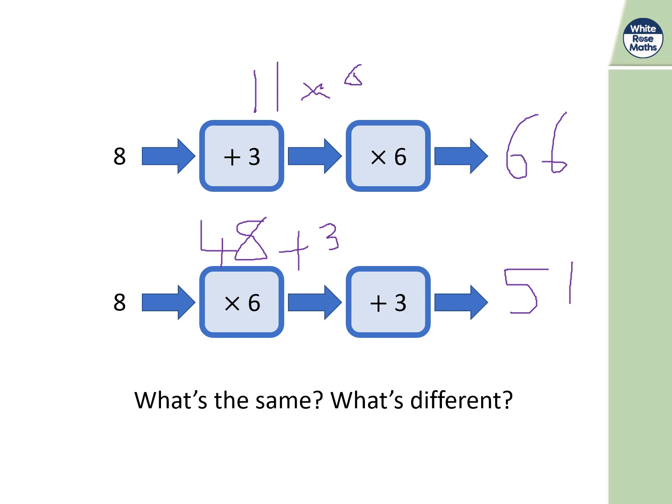What's the same and what's different? Well, the operations here are different. What's the same is that I've got the same starting number. What's different is that I'm doing different operations, because adding 3 and then times by 6 is not the same as times by 6 and then adding 3.